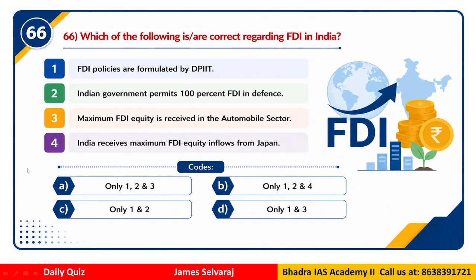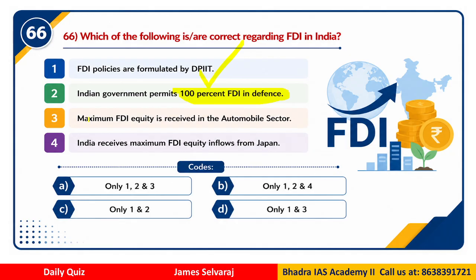Clear? Question number 66. This is from the economics subject perspective about foreign direct investment. FDI policies are formulated by the Department for the Promotion of Internal Trade, that is the DPIIT. The Indian government permits 100% FDI in defense, because now defense talks are very much on because of the US-Iran conflict, etc. Maximum FDI equity is received in the automobile sector.